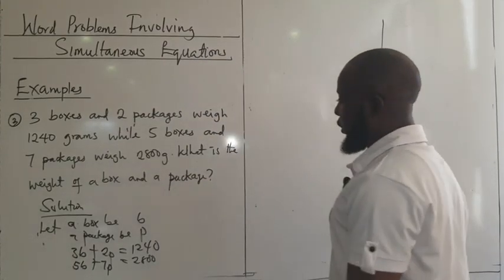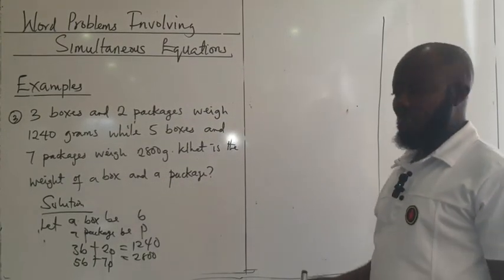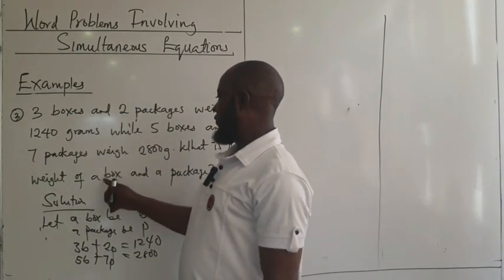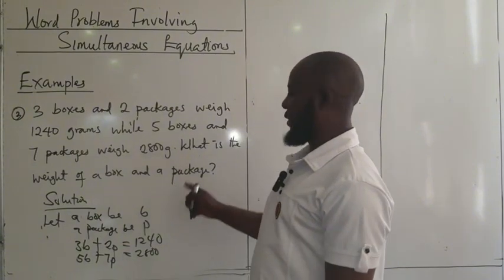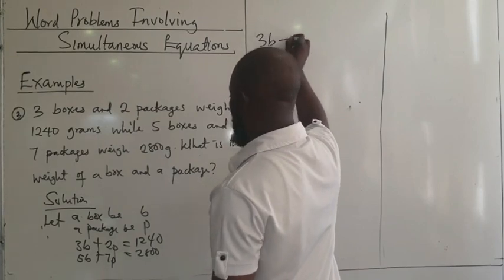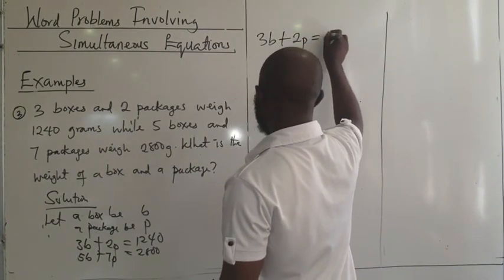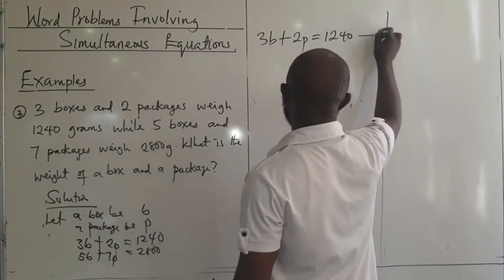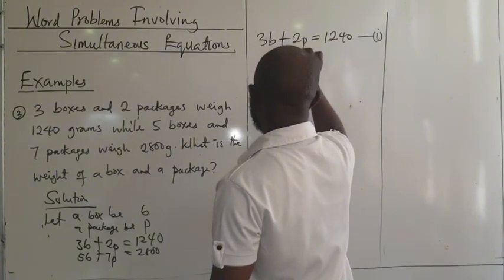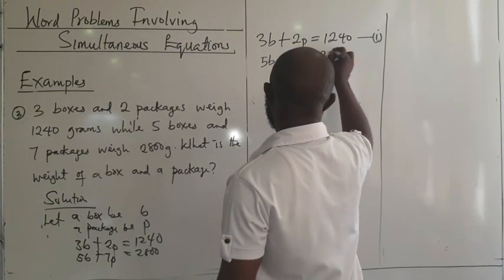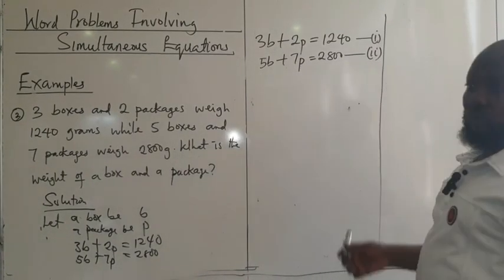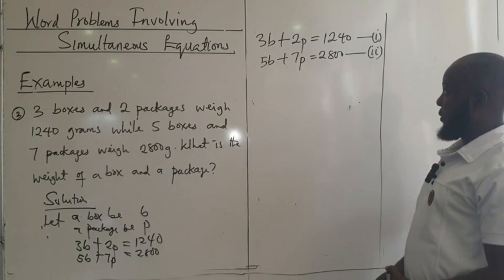So we're going to solve for the value of B and also the value of P. That will give us the weight of a box and the weight of a package. So we have 3B plus 2P equals 1,240. This is equation 1. And then we have 5B plus 7P equals 2,800. This is equation 2.